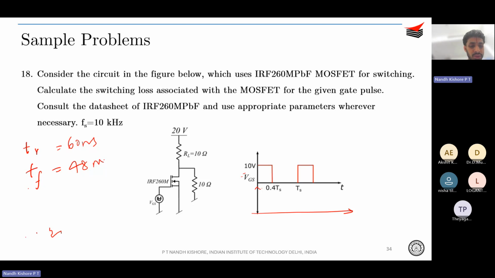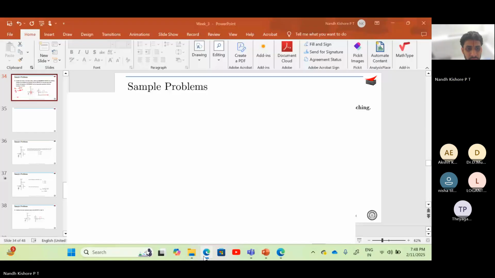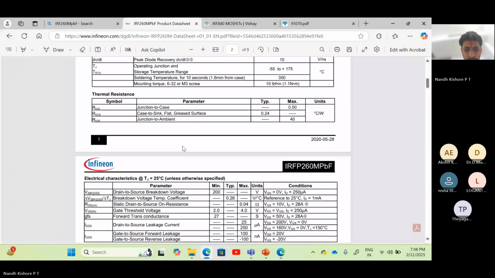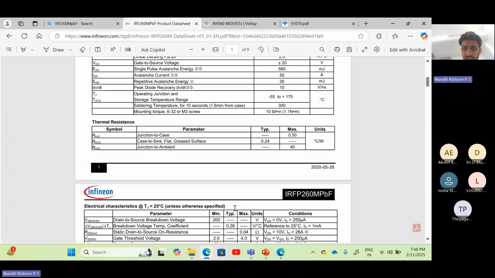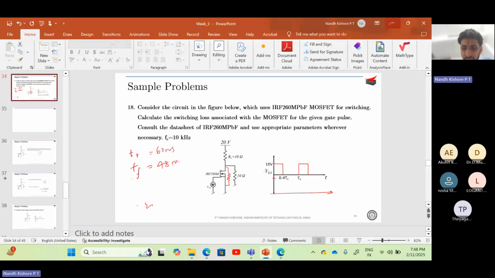So when the gate pulse is given, the MOSFET is turned on, and it would thus have an RDS resistance. What is the RDS that's given in the data sheet? It is given to be 0.04 ohms.